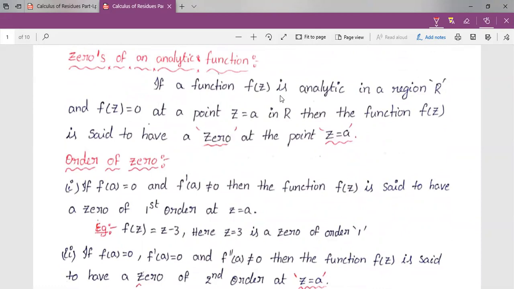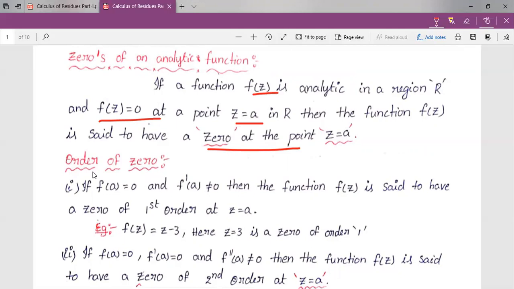If a function f(z) is analytic in a region R and f(z) equals 0 at a point z equals a in R, then the function f(z) is said to have a zero at the point z equals a. Which means, if an analytic function f(z) equals 0 at the point z equals a in the region, then the point z equals a is called a zero of the function.